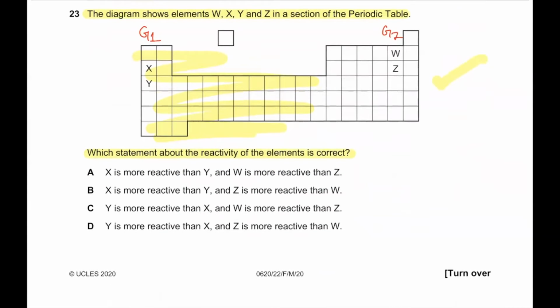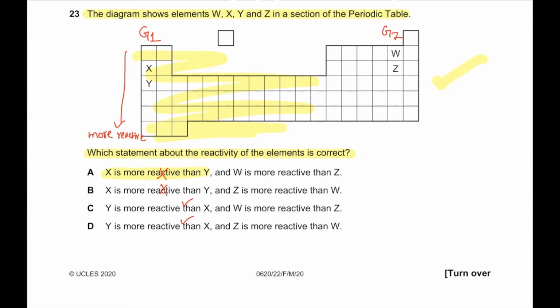Now the question says X is more reactive than Y. We know that any element down group 1 becomes more reactive. So definitely this first statement is wrong because Y should be more reactive than X. So since X is not more reactive than Y, A and B are wrong. Y is more reactive than X. All right, this part is correct for group 1. Okay, then the next statement.